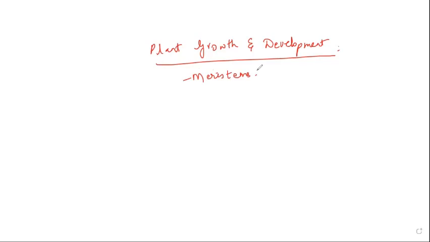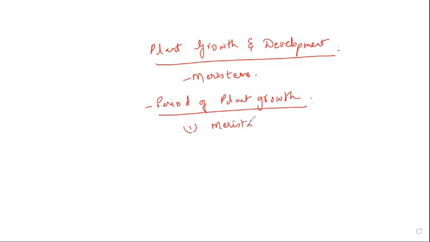The period of plant growth is categorized into three phases. The first phase is meristematic, the second phase is elongation, and the third phase is maturation.